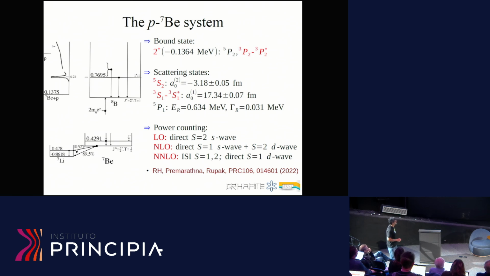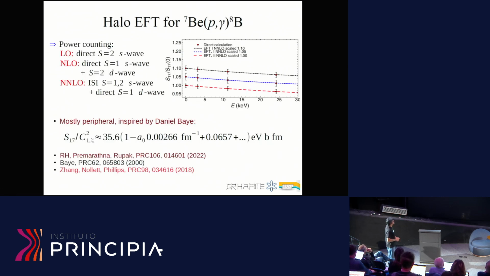And at the next order is where the initial state interactions start playing a role. So before, it's just a small kick that you have in the nuclear part that plays a role in this reaction. And initial state interaction is a higher order interaction, I should say, all right? And well, I don't have much time to say about that.